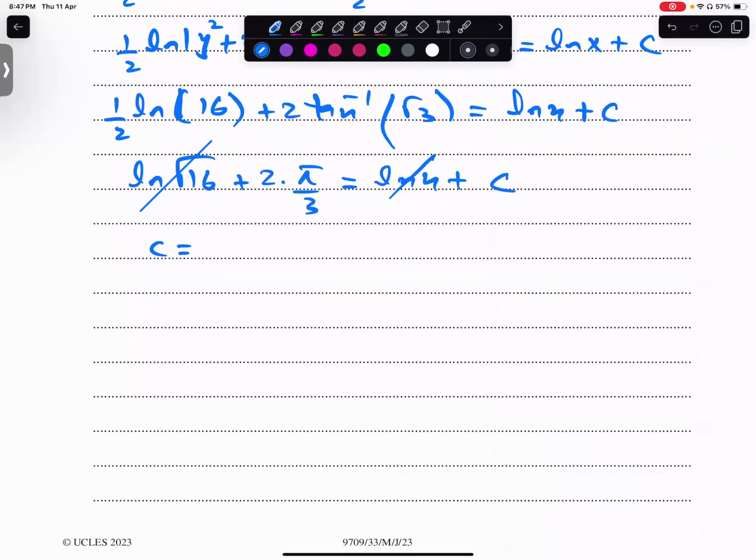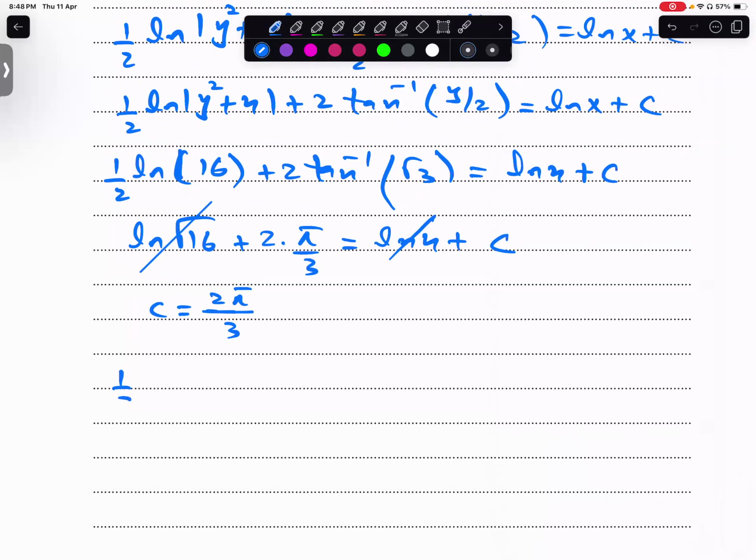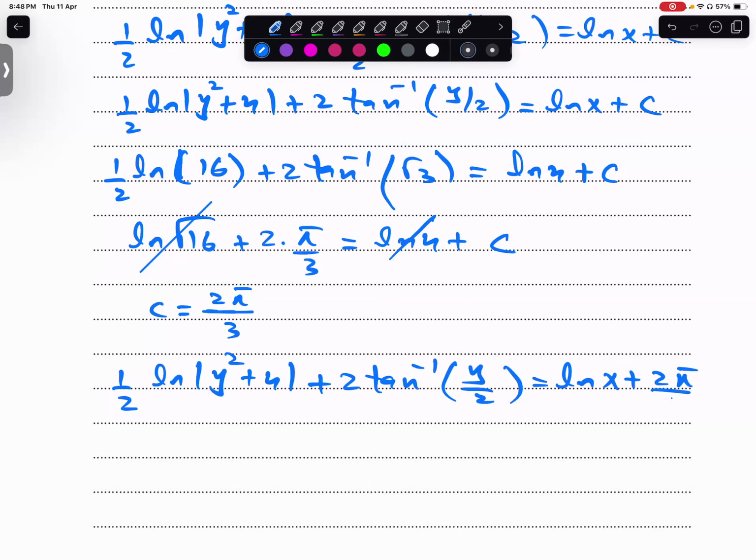So c is 2 pi by 3. My value of c will be 2 pi divided by 3. Use this value above: 1 over 2 natural log of y square plus 4 plus 2 tangent inverse of y over 2 is equal to natural log of x plus 2 pi divided by 3.